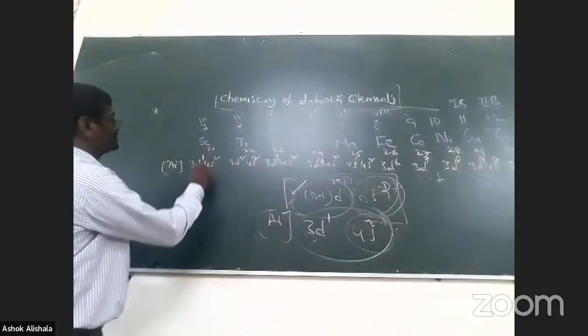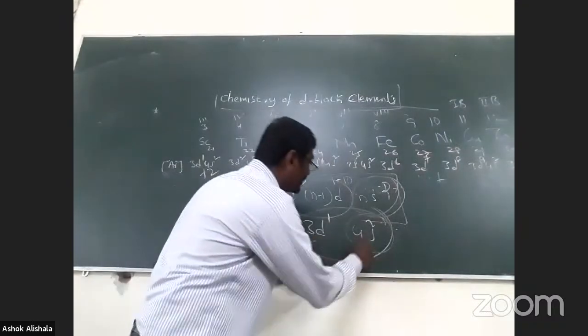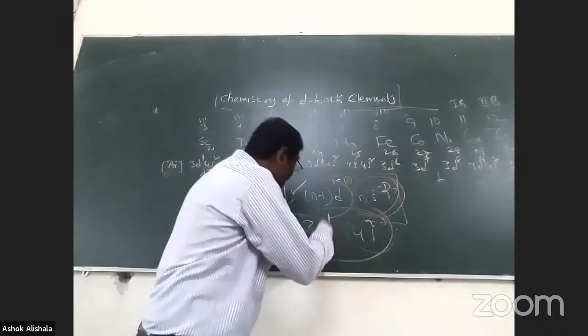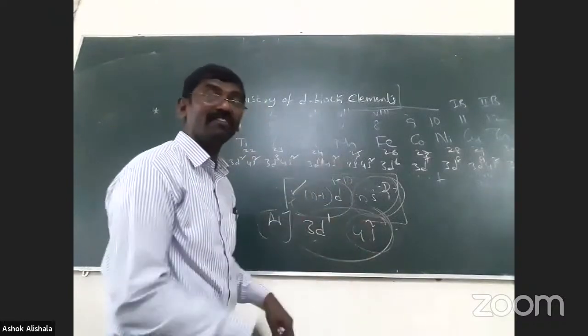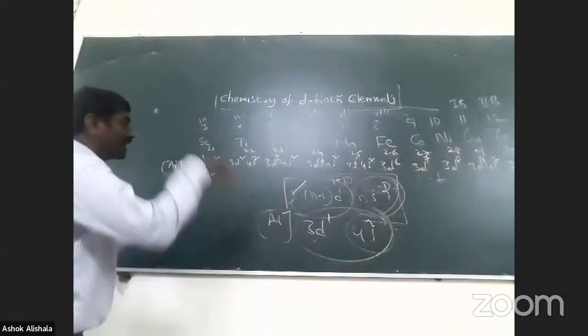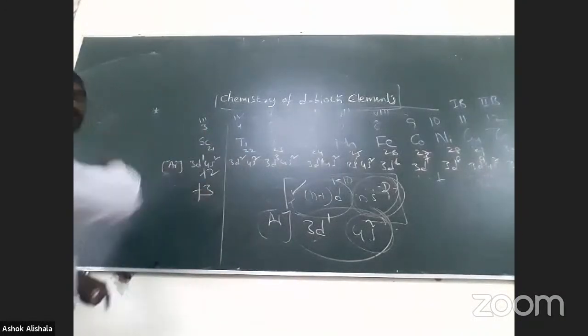If only 2 electrons are involved, scandium shows +2 oxidation state. Along with the s electrons, it also uses the d electrons. Now, totally how many electrons are involved? 3 electrons. Therefore, when the s and d electrons are involved in the bonding, scandium shows +3 oxidation state.